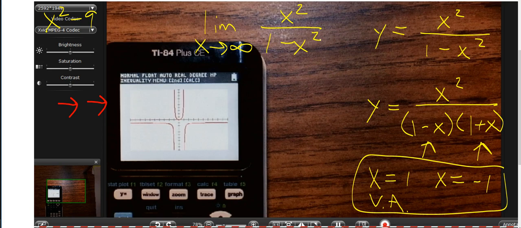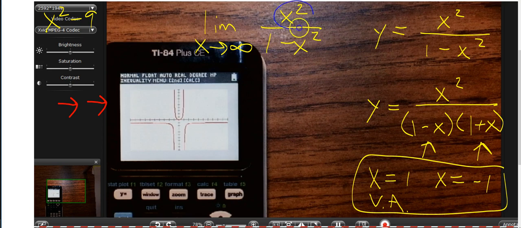And what did we talked about doing yesterday? We did it several times with these rational functions. Something to do with something in the top and something in the bottom. What were we looking for? Hopefully you wrote it down somewhere.